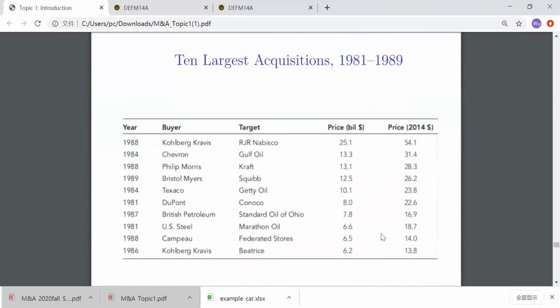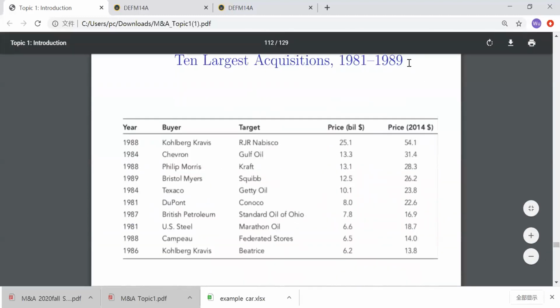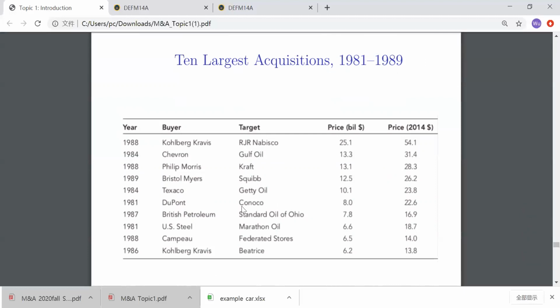You can look at the largest acquisitions and the targets. They are quite large firms, those big oil firms. And you can look at how much is paid, many on the level of 25 billion. That's a very big acquisition.